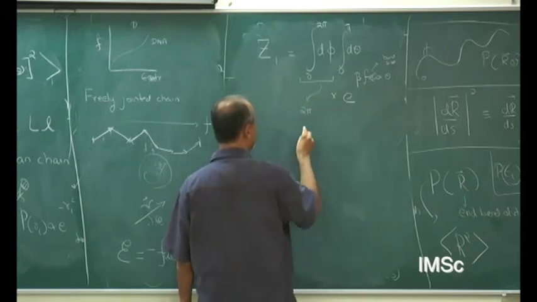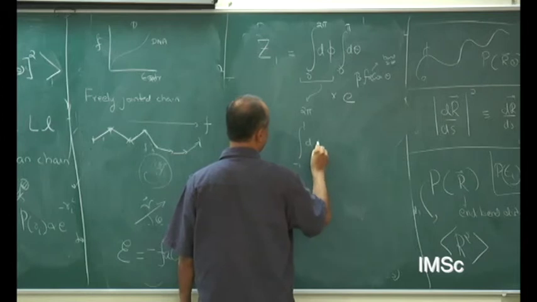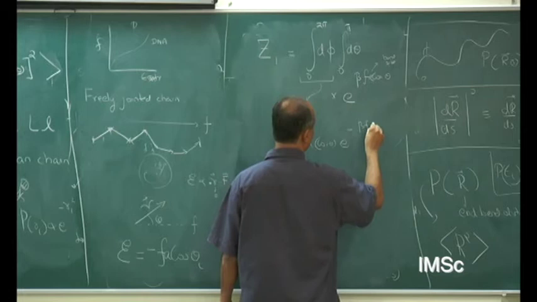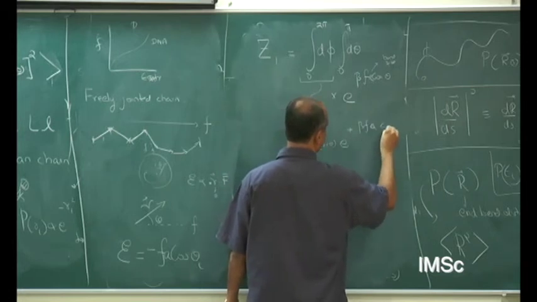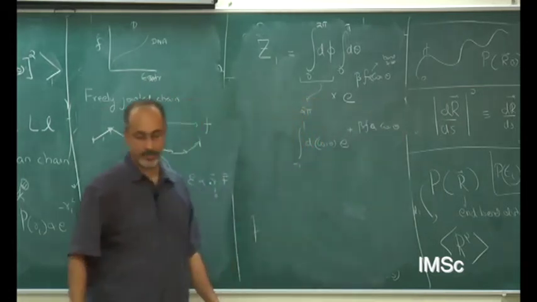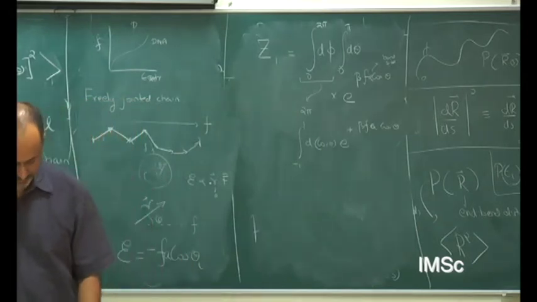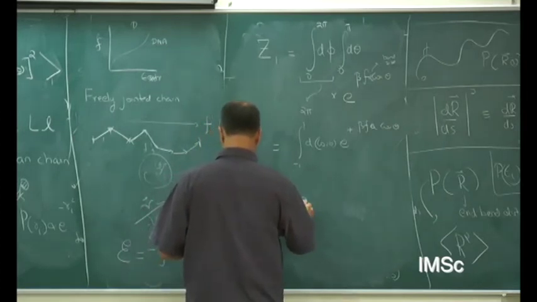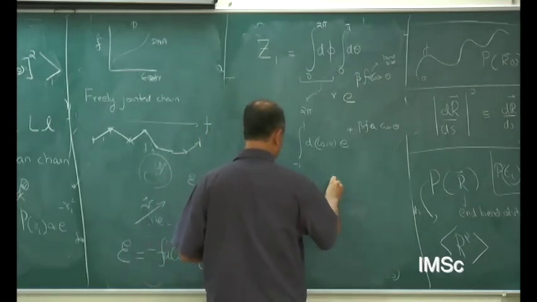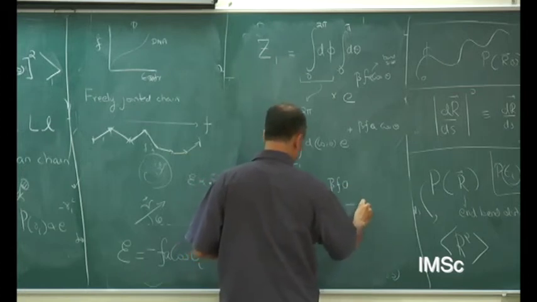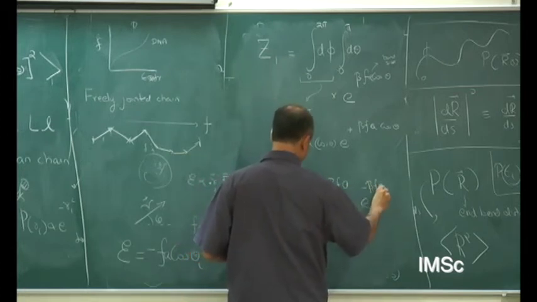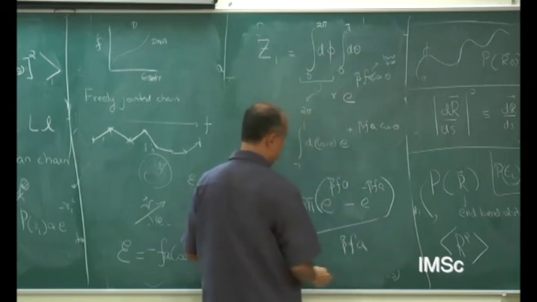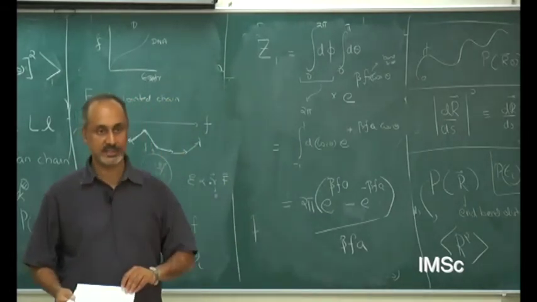The second integral here can be written as the integral from minus 1 to 1 of d of cos theta, e to the power beta f a times cosine theta, which I can write very simply as 2 pi times e to the power beta f a minus e to the power minus beta f a, divided by beta times f times a. That's what I get from integrating that.